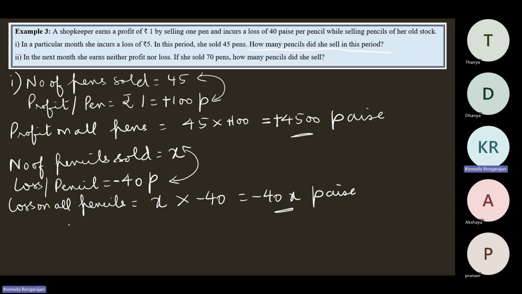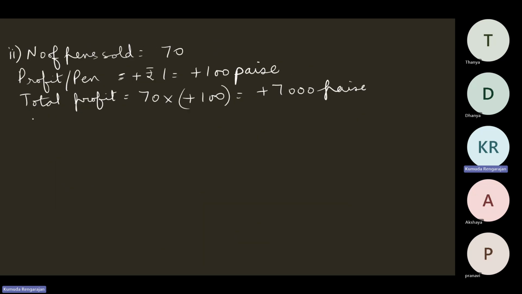If nothing is given, you'll have to take it as X or Y or Z. 70 pens are sold, but no number of pencils is given. So we don't know the number of pencils. Let the number of pencils sold be Y.